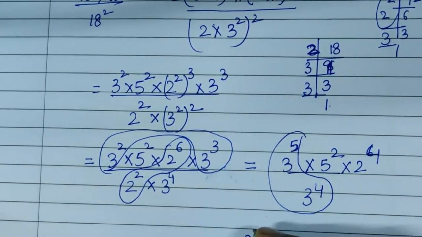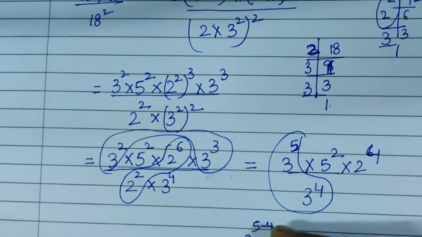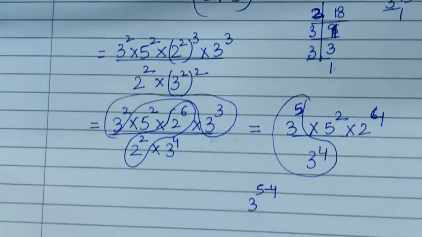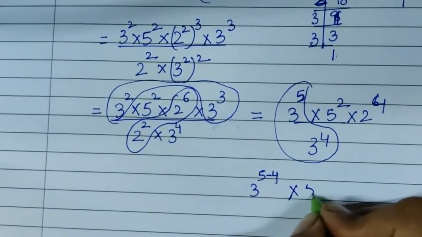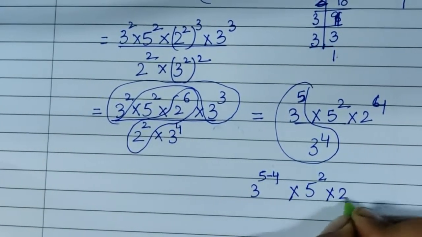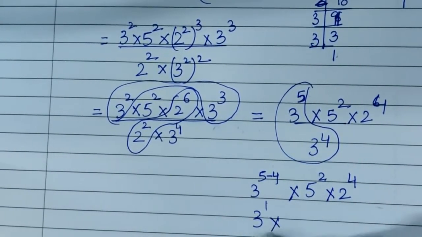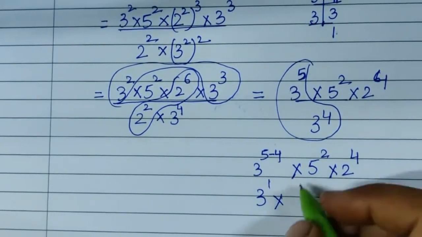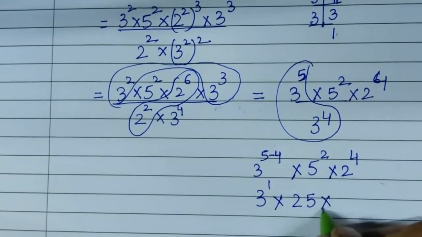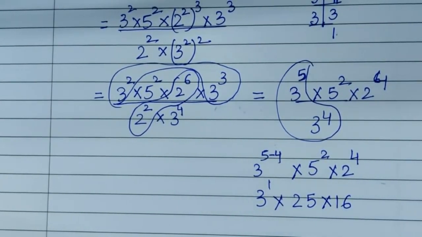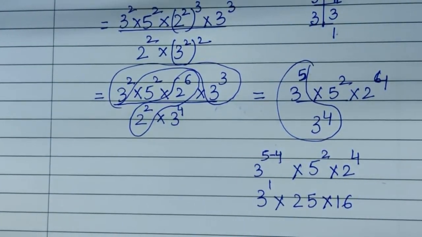So 3 raised to power 5 minus 4. So what we get? 5 raised to power 2 into 2 raised to power 4. This is 3 raised to power 1 into 25 into 16. Now you have to multiply them and you will get the final answer.